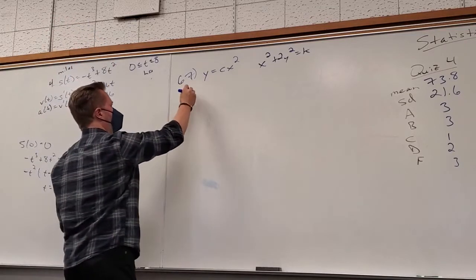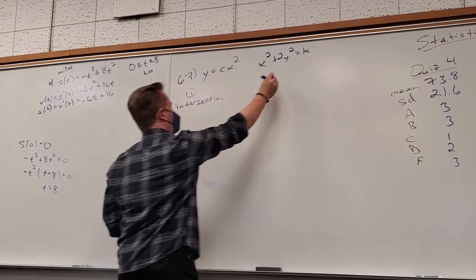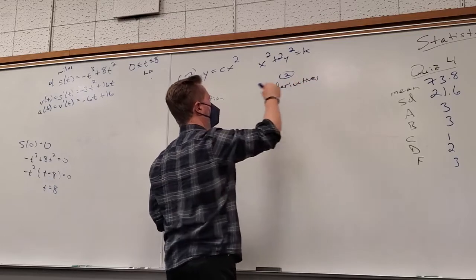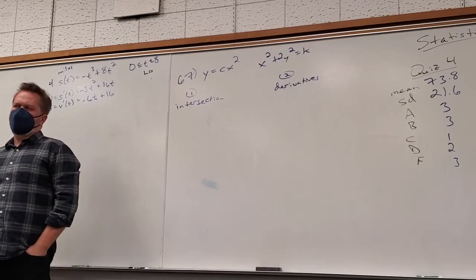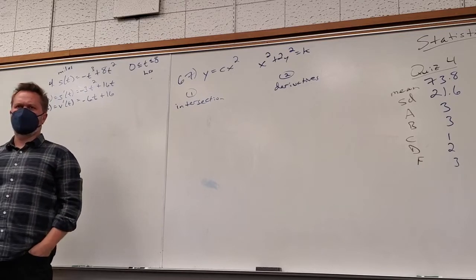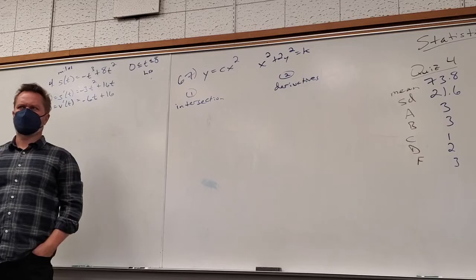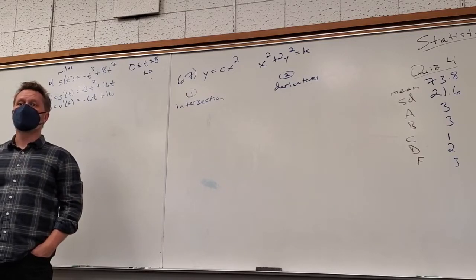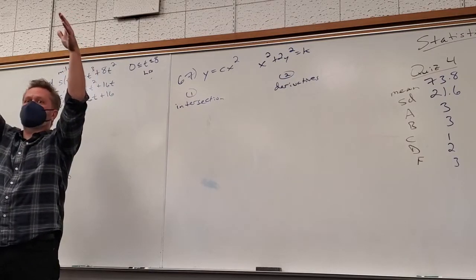So points of intersection and derivatives. I have a suggestion as to how to figure out where they intersect. Substitution? Yes, totally. Systems of equations. How do you solve a system of equations?